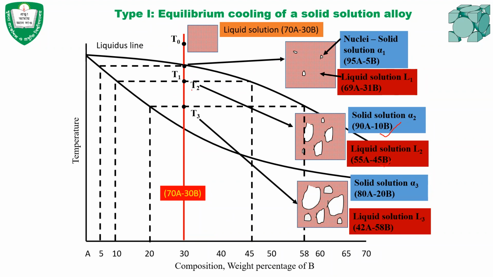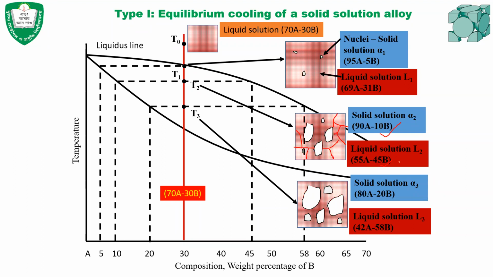If you cool it suddenly, very quickly, the diffusion of A and B will not be facilitated. That means there will be no diffusion, and that is why at room temperature you will see more grains formed in these locations. These white grains will have a chemical composition of 90A10B, and other grains will have the chemical composition of 55A45B.